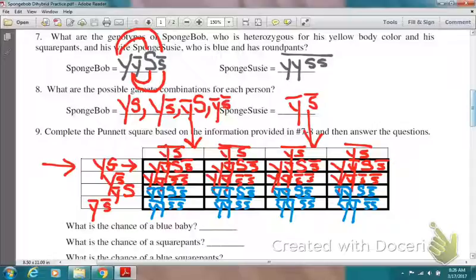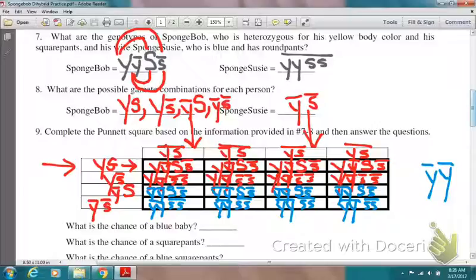So it says, what is the chance of having a blue baby? Now, in order to have a blue baby, you're going to have 2 little y's. So you have to go in every square here and count how many boxes have both little y's, irregardless of the other stuff.